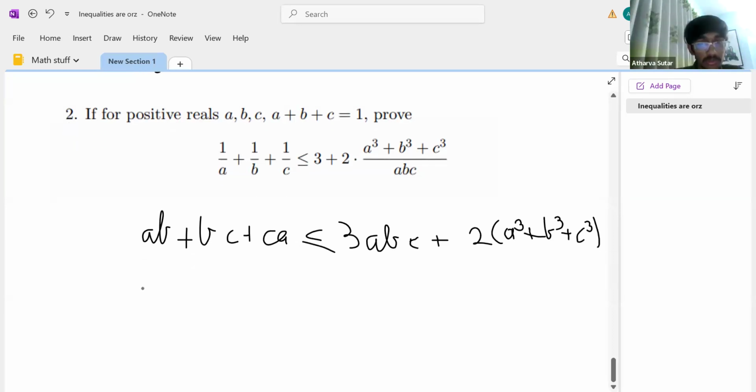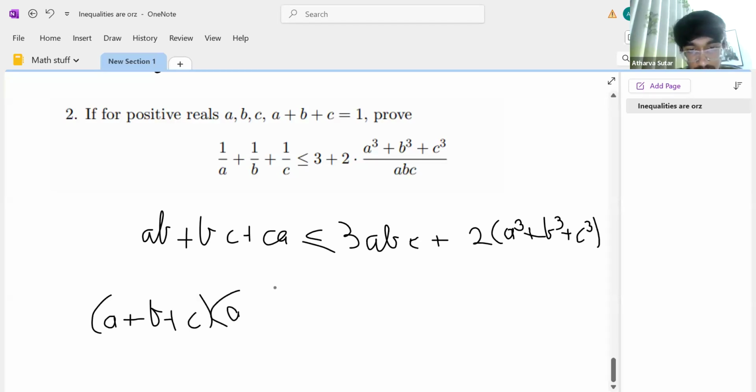So you get A squared. Oh, wait. So basically, if you notice, there are going to be two kinds of sequences here: one is 1, 1, 1, and one would be 3, 0, 0.